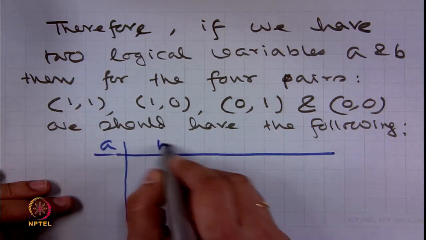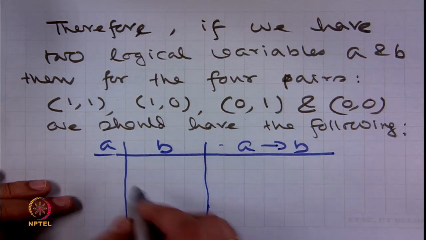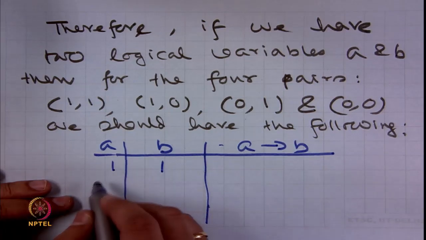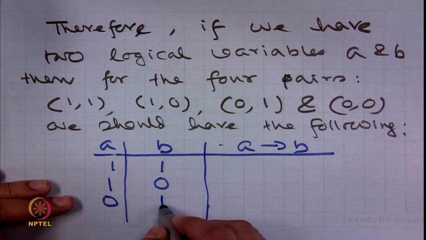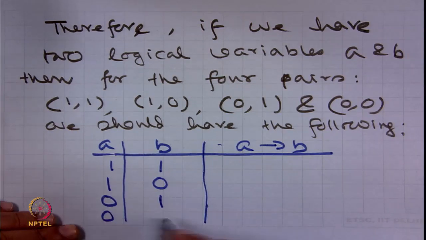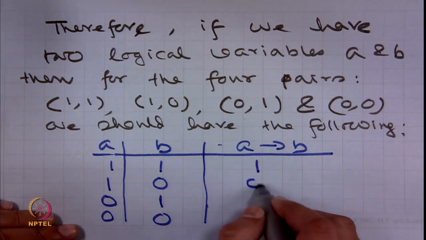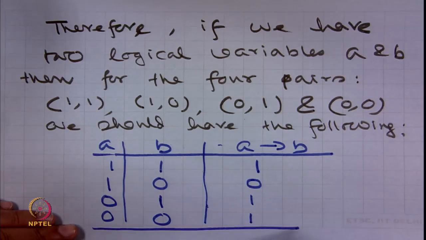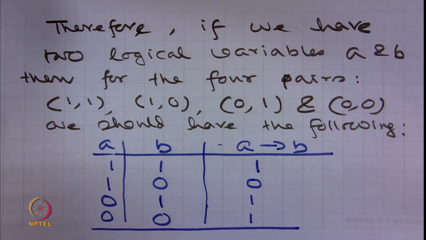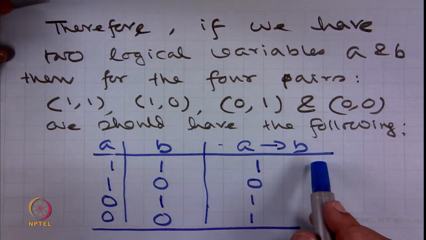A, B, A implies B: 1, 1, 1; 1, 0, 0; 0, 1, 1; 0, 0, 1, because that is the truth value of A implies B when we work with propositional logic.